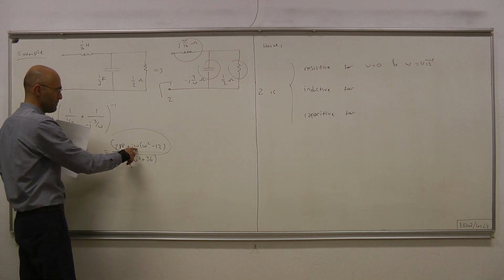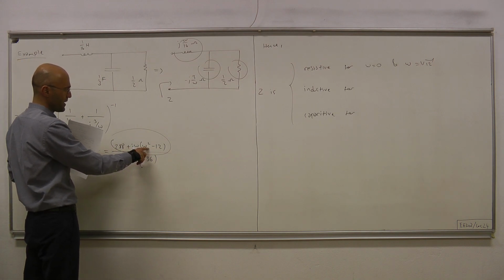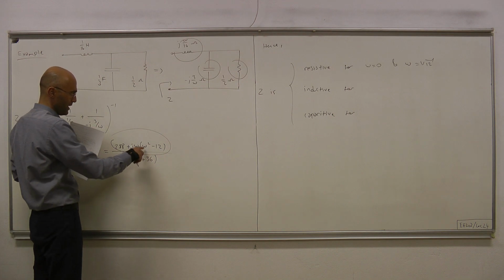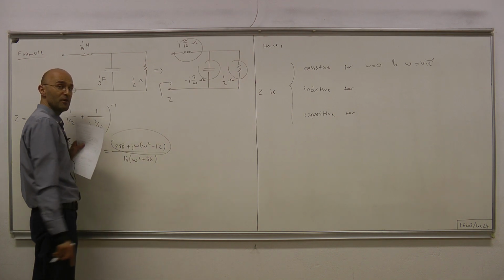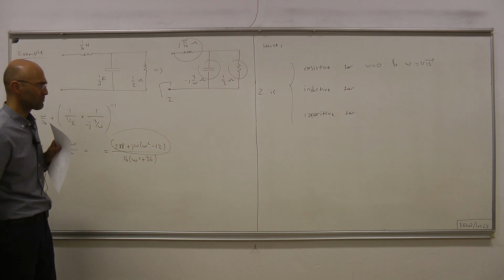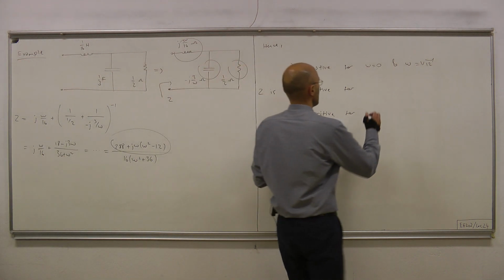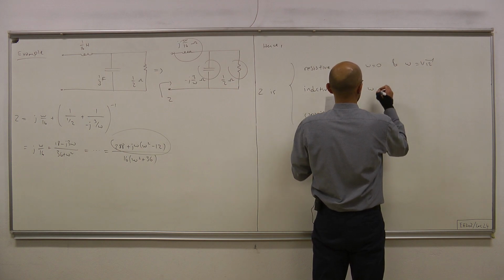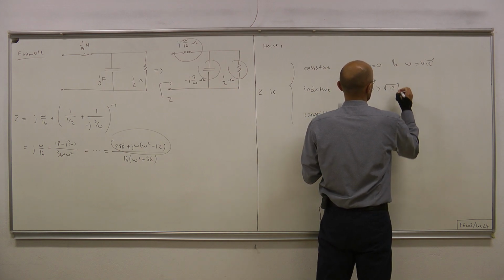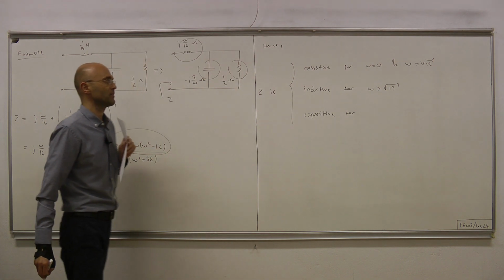Now, when omega squared is larger than 12, the imaginary part is positive, and our one port therefore is inductive, for omega larger than square root of 12 radians per second.